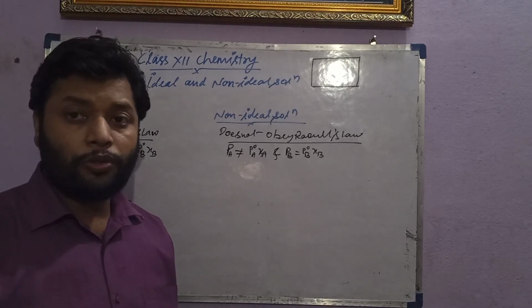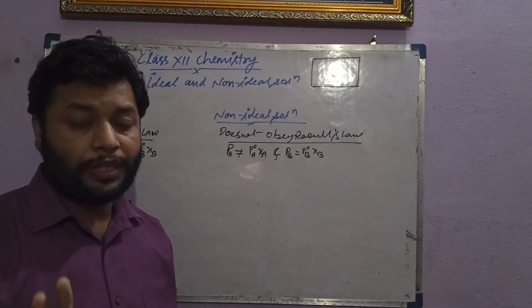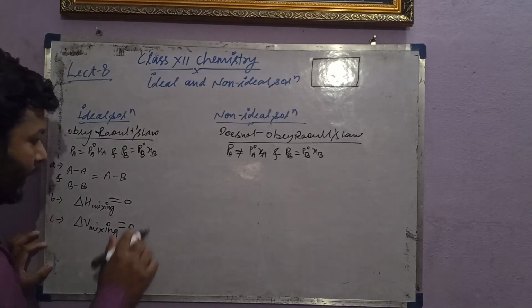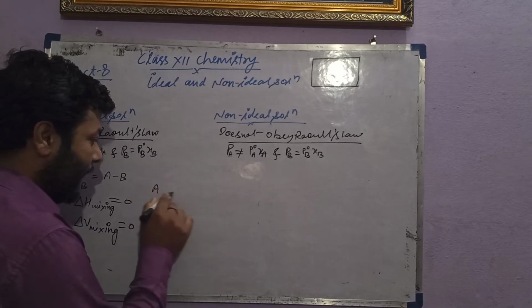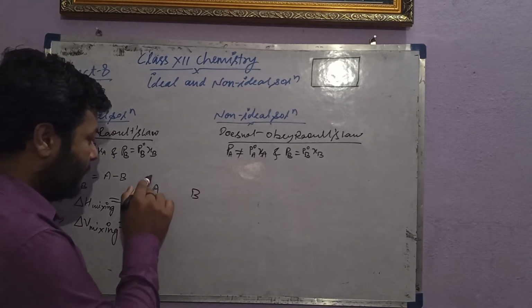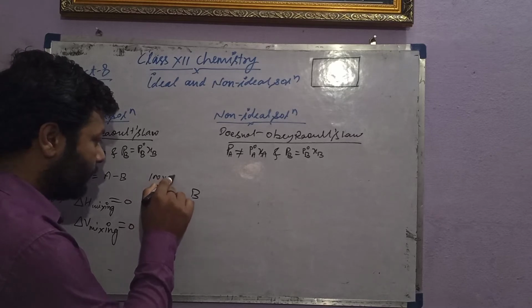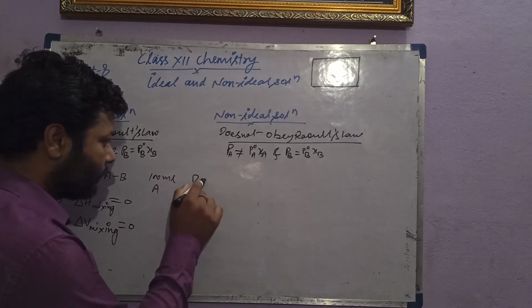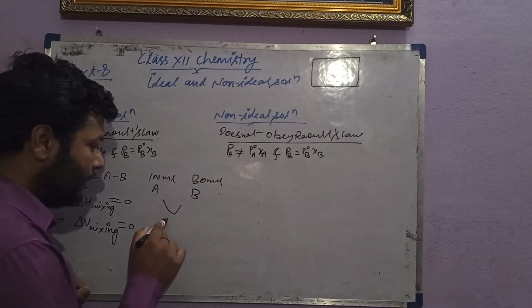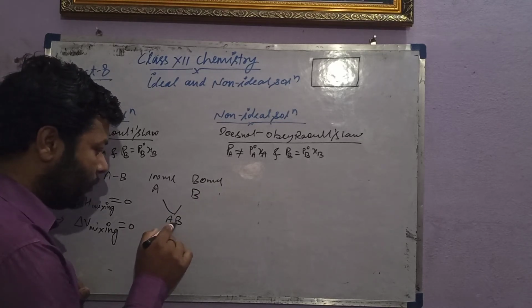How do we come to understand the meaning of these terms? Suppose we have a component A and a component B, with 100 ml and 80 ml. Suppose we mix A and B to form an AB solution.